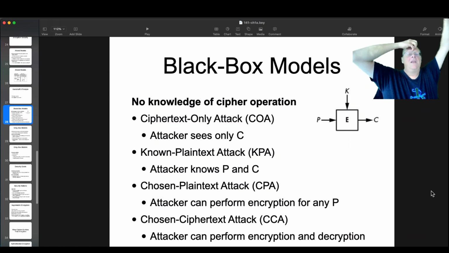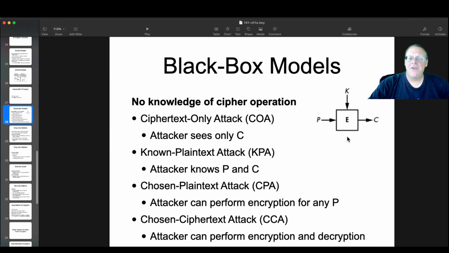So here are various models. A black box is where you do not know anything about the cipher. So all you see is the ciphertext, and you're going to try and somehow deduce the message from that. Or you can have known plaintext, where you know the plaintext and you know the ciphertext. This was, by the way, the situation with WEP encryption of wireless traffic, because the most common packet on wireless networks is ARP packets, and you can guess almost every bit in an ARP packet.